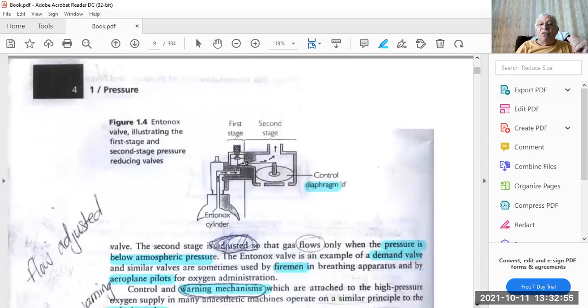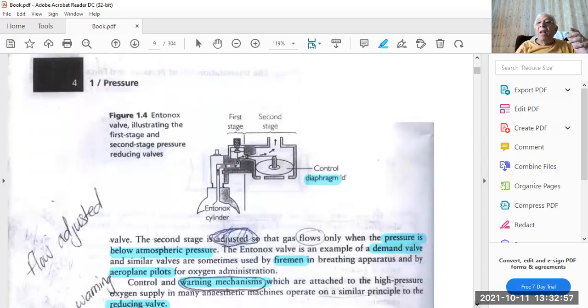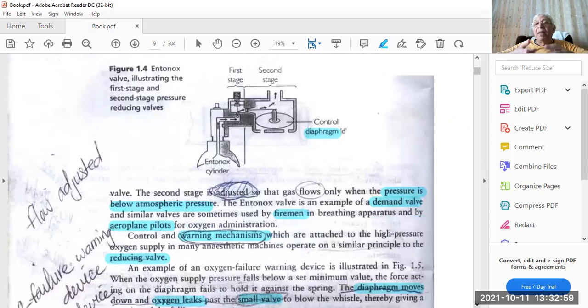The second stage reducing valve, as we can see from the figure, is a demand valve. It does not work unless the patient creates a negative pressure, like the firemen workers and the pilots in their planes. And of course, in anesthesia, we use this second stage in what we call the Entonox valve. As we can see from the figure, we have the first stage reducing valve attached to it a second compartment. In this second compartment, we have a big, large diaphragm.